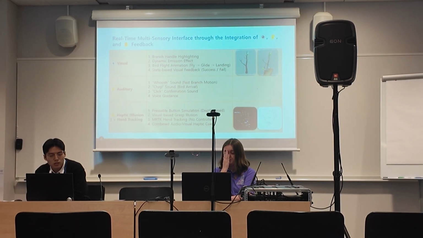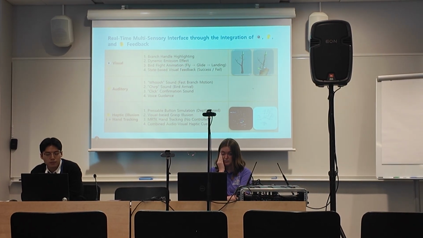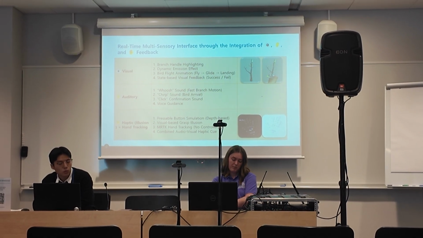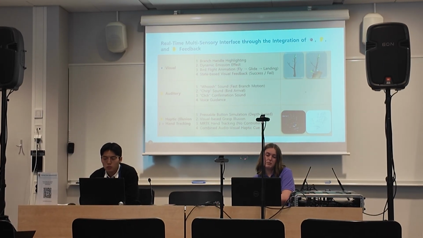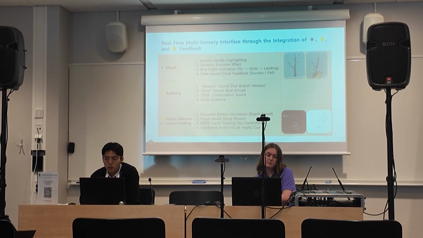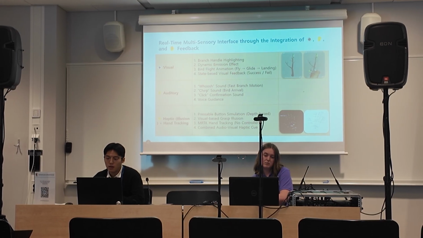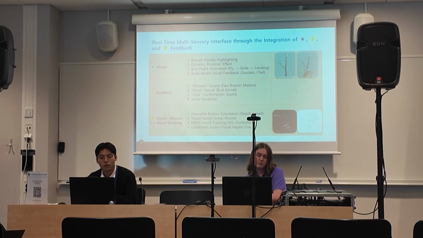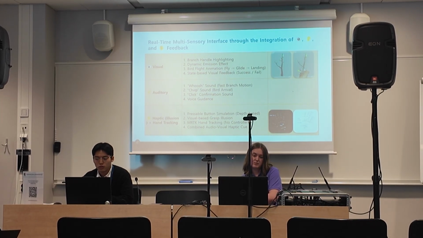We successfully integrated multisensory elements into our game. This table shows examples separated into visual, auditory, and haptic categories. For example, we used a highlight effect on the branch handle to clearly show users where to grab. We also created realistic bird animation to make virtual interaction feel natural.